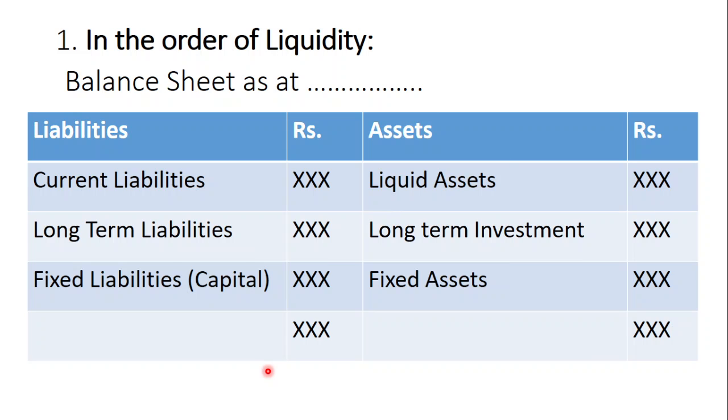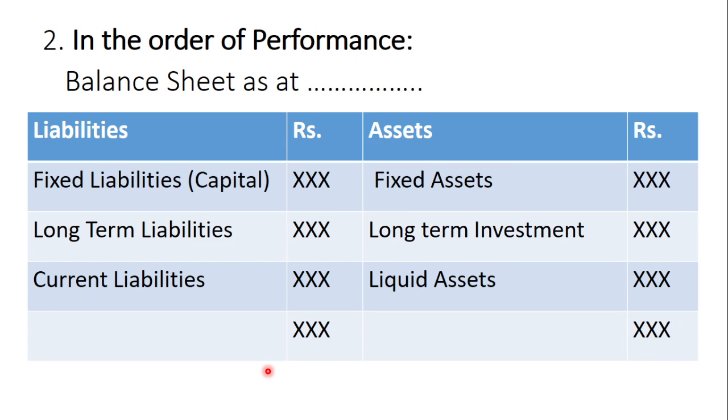Okay, that is the order of liquidity, but in the order of performance we write it the opposite way. The one which is less liquid is written in the beginning, then the more liquid is written afterwards, in that order. So fixed liabilities meaning capital, long-term liabilities, then current liabilities; assets: fixed assets, long-term investment and liquid assets, then total. This is the total, okay?